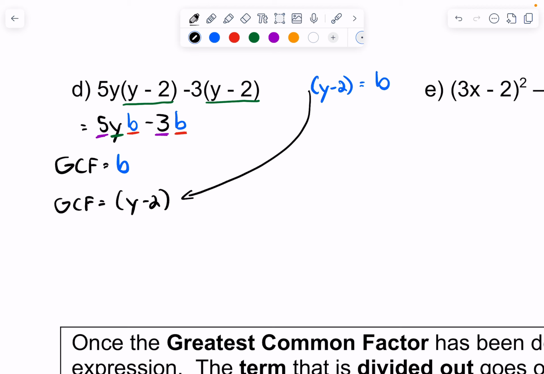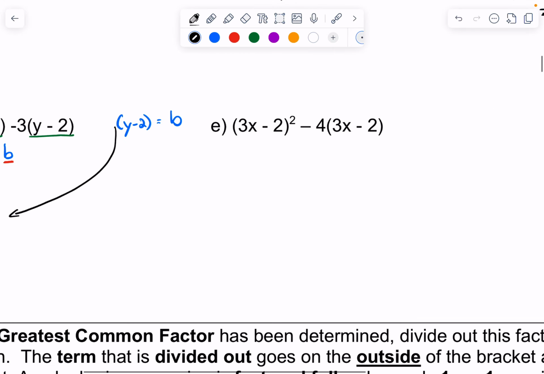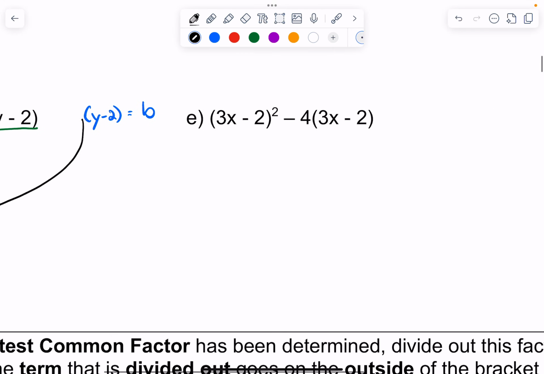So we're going to pull eventually a y minus 2 bracket out of each term. Let's do it without doing that change of variable, okay? Can you see how you have this bracket here and you have the same bracket right here?